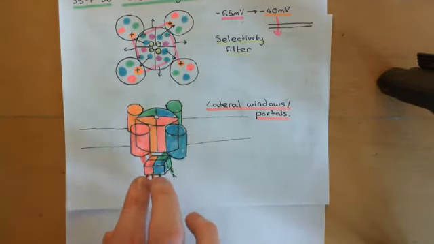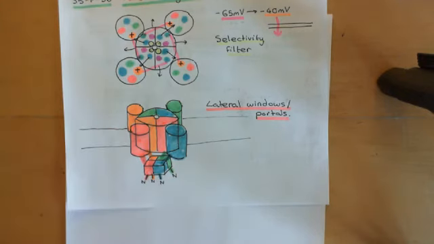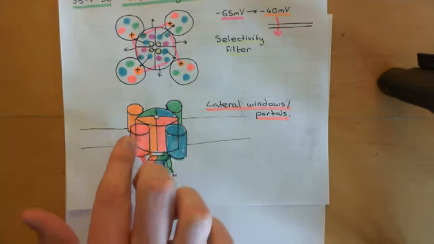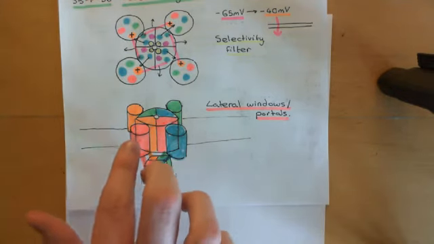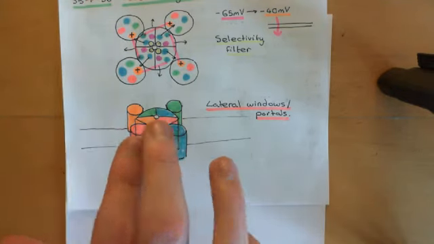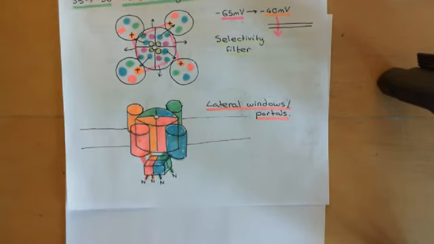Because remember, the T1 tetramerization domains were at the amino terminus, so they were prior to S1, and therefore they sat underneath their subunit's voltage sensing domain, whereas these calmodulin binding domains are after the S6 membrane spanning alpha helix, so they'll be sitting underneath the pore forming domain of their subunit basically.